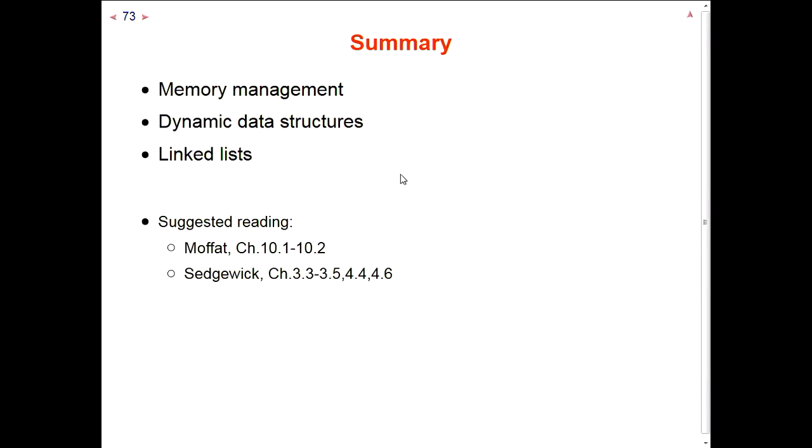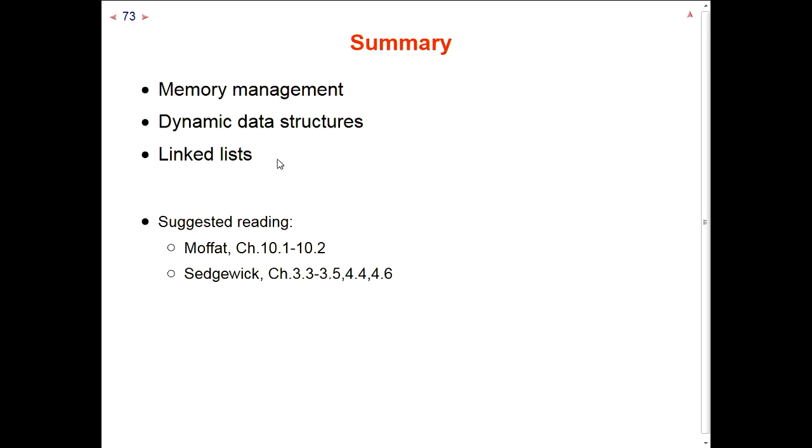Just a summary for this chapter. We looked at memory management, how to do that in C, but there are many other languages, unlike Python, that require us to handle memory ourselves for the sake of efficiencies. This is why programming languages like C tend to be much more efficient than programming languages like Python, which do a lot of work for you.